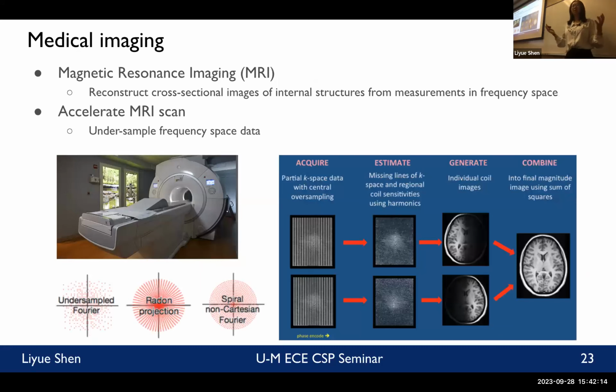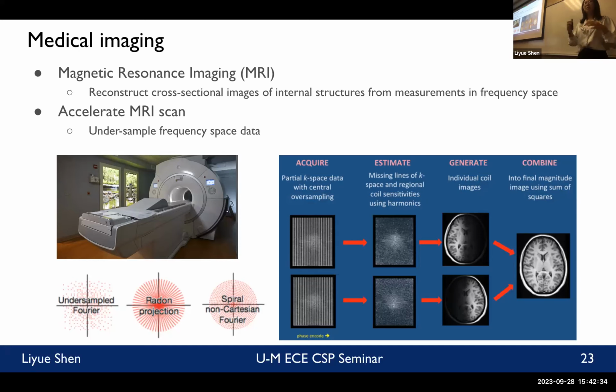Another very commonly used modality is MRI, magnetic resonance imaging, which tries to reconstruct cross-sectional slices or images of the internal structures from the measurements in the frequency space, or the K-space, as people usually mention in the MRI domain.